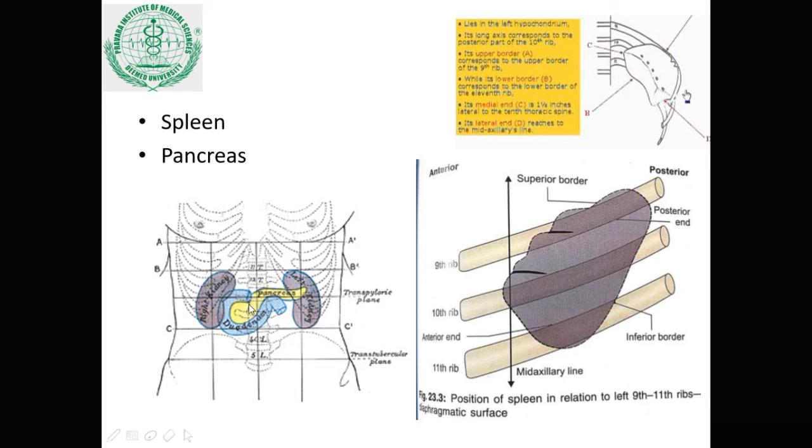The neck of the pancreas passes upwards and to the left, and this is the junction between the head and the body of the pancreas.